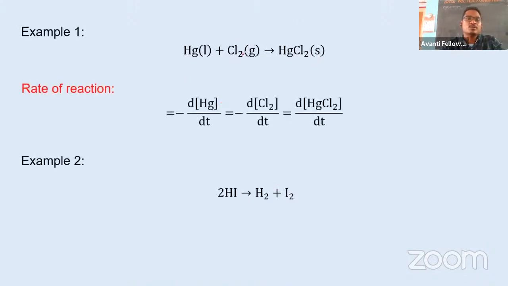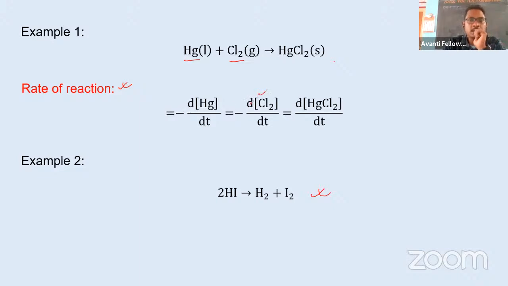I have already written this one, so can you try for this one? Everyone, just try this one, and after that we'll discuss. Here we have mercury reacting with chlorine to give HgCl2. If we want to write the rate of this reaction, we put the change of Hg with respect to time, with a minus sign because it's a reactant.